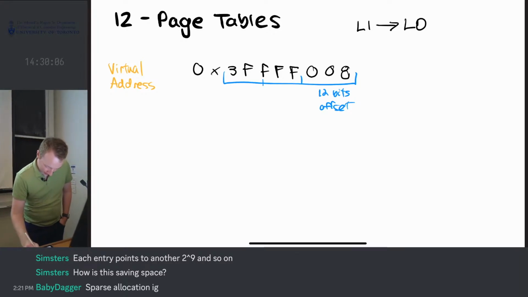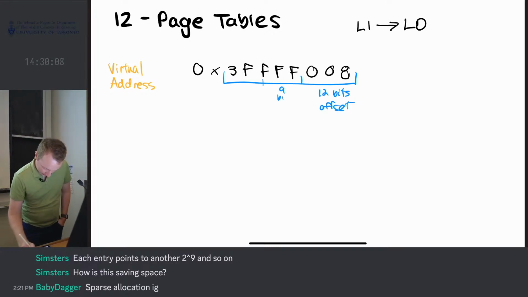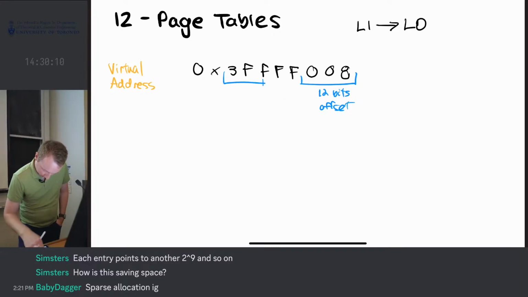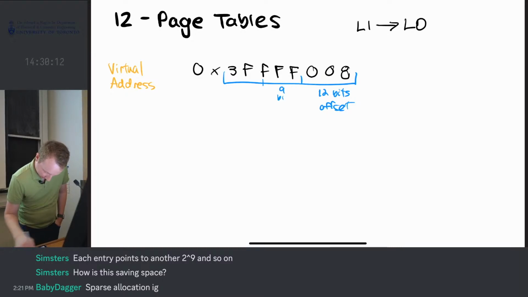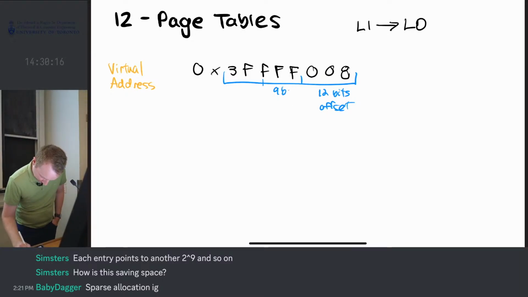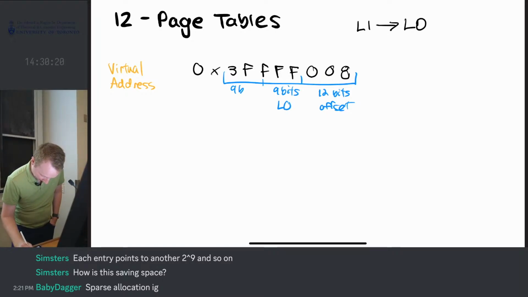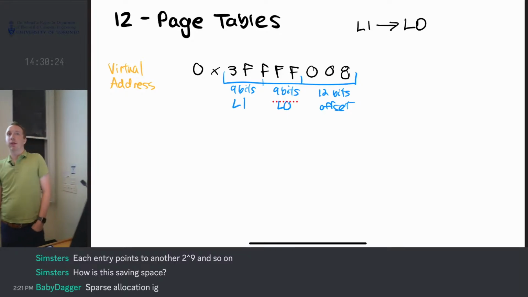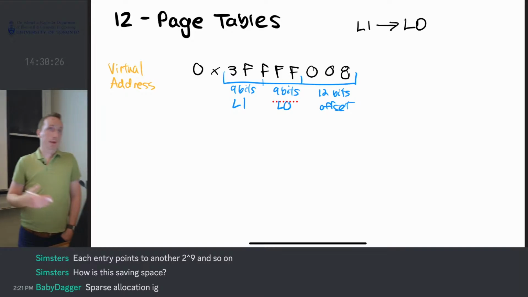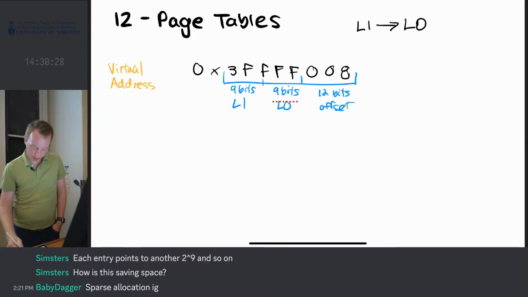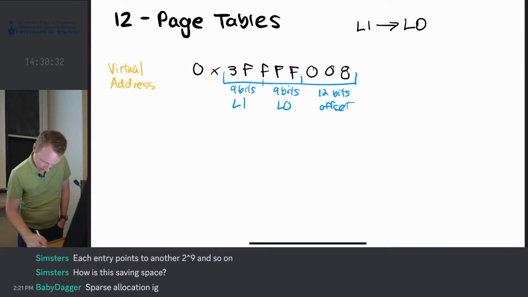So here, if we write it out, we have 9 bits for our L0, which doesn't nicely go in there, so I have to write it in binary, and then 9 bits for my L1.